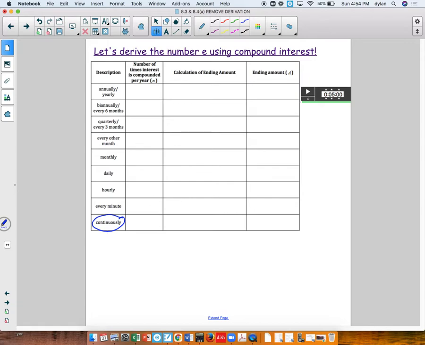So what I want you to imagine for a sec is that we take out a special kind of loan. For this loan, we are going to start with just $1. We're going to use an interest rate of 100%. And we're going to calculate each of these things for 1 year.